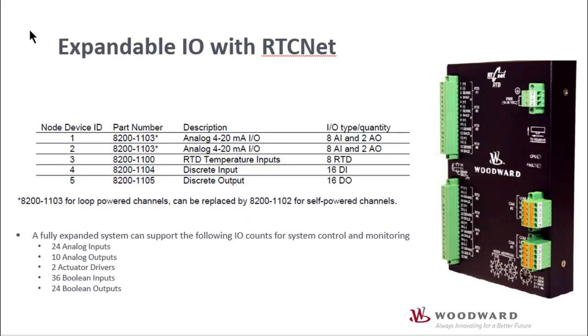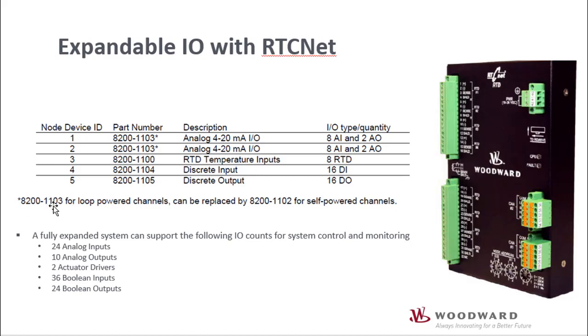So to expand the I/O, you can use Woodward RTCnet nodes. The Vertex is pre-configured to work with 5 nodes, and they must be of the types defined here in this table. So node ID 1 can be an analog input module, node ID 2 an additional analog input module, 3 can be an RTD module, 4 can be a discrete input module, and 5 can be a discrete output relay driver module.